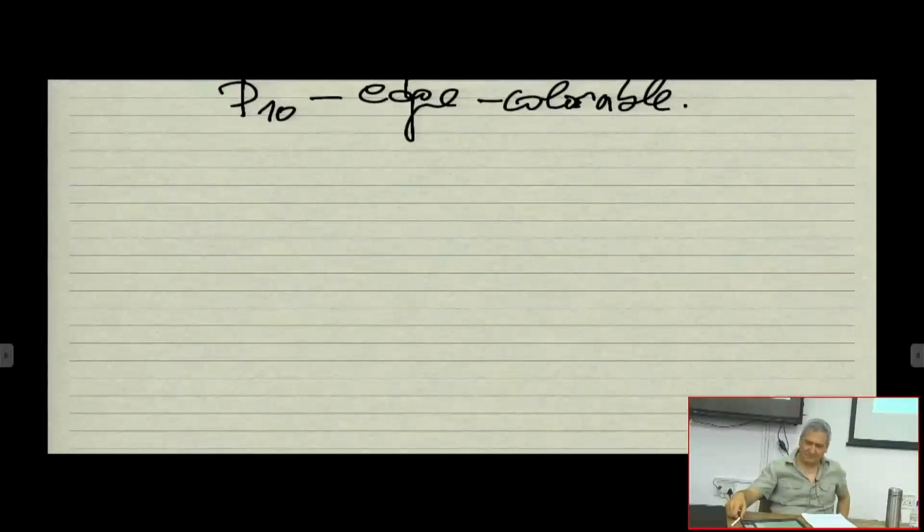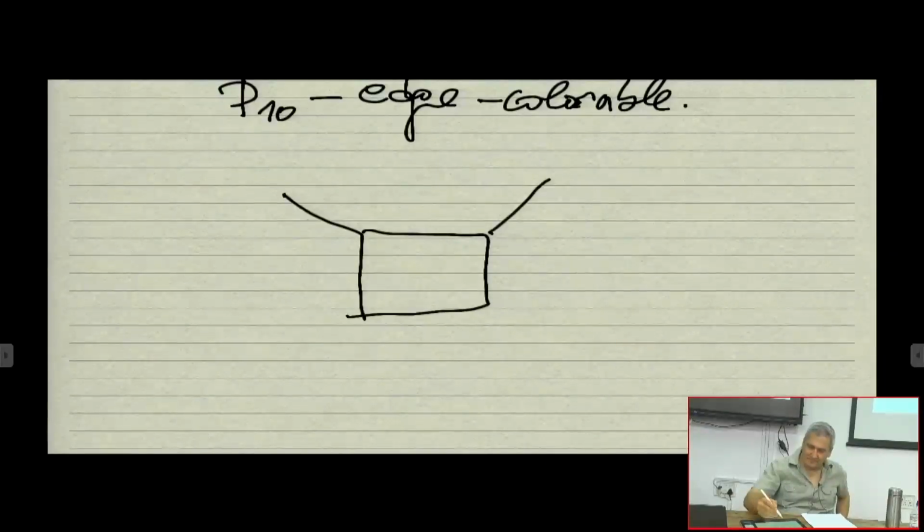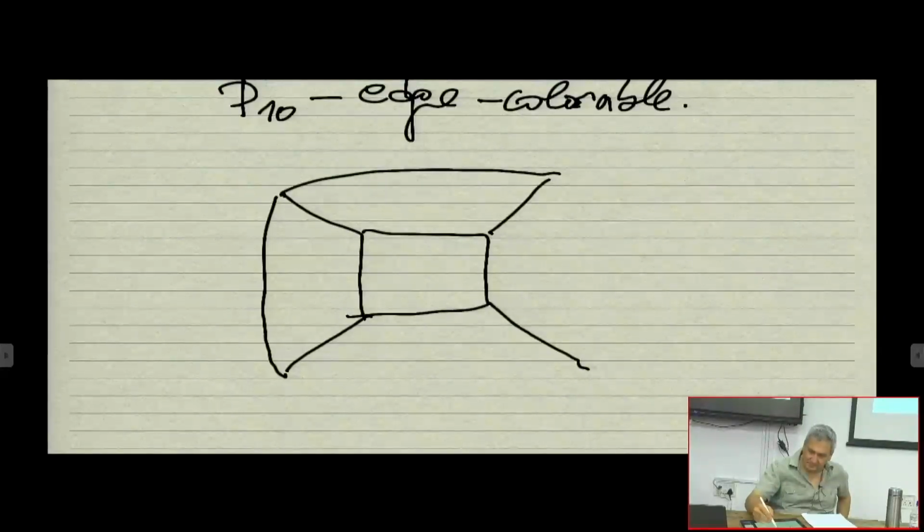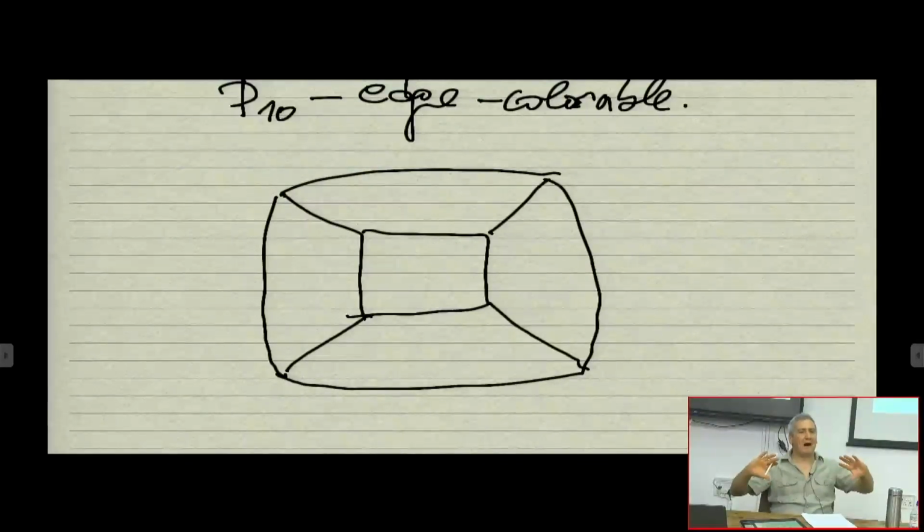Can you color the hypercube? I color the hypercube very easy. So we map all vertices of this graph into the vertices of Petersen.